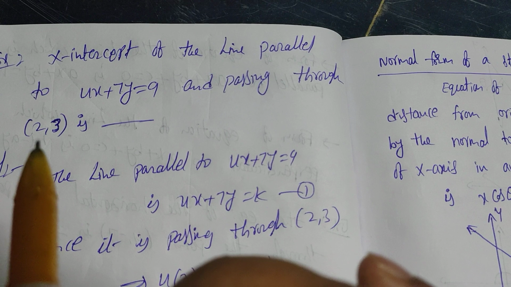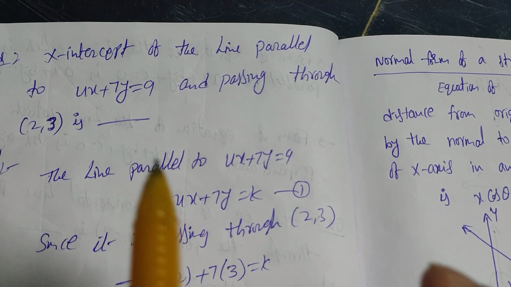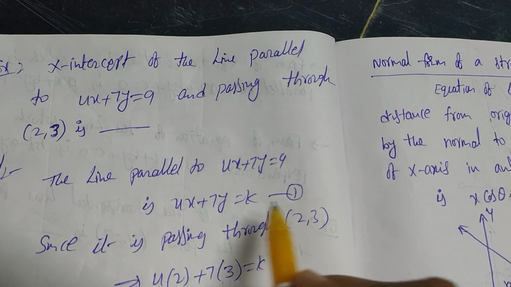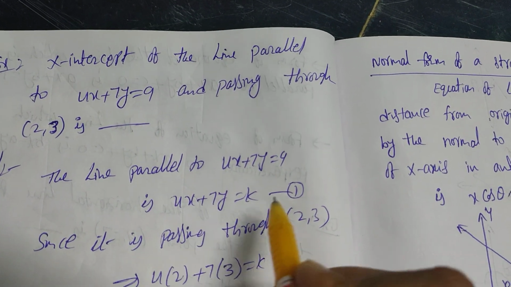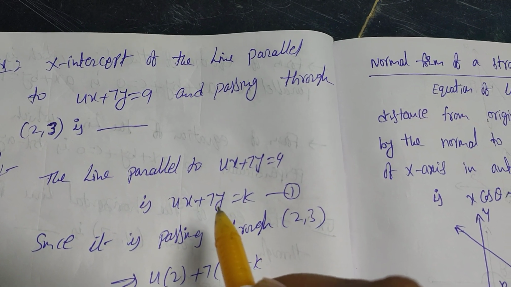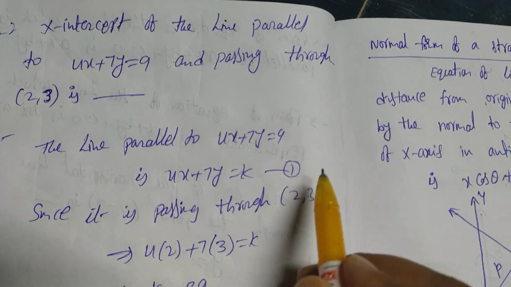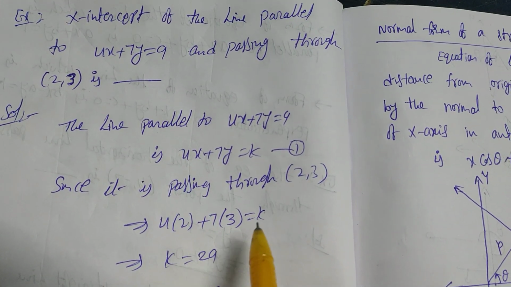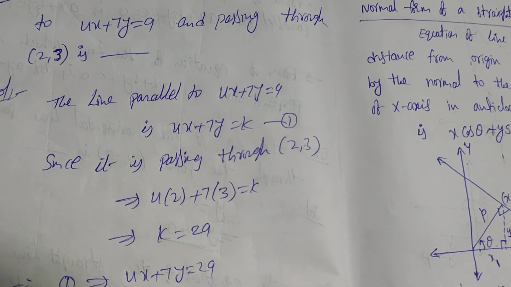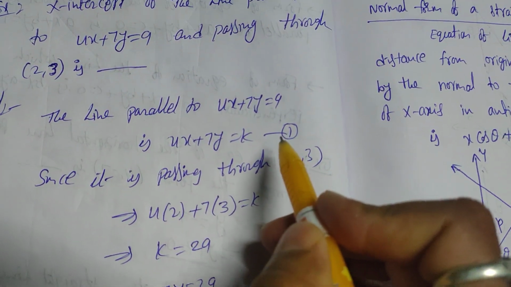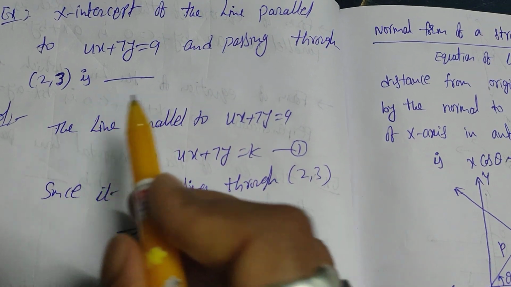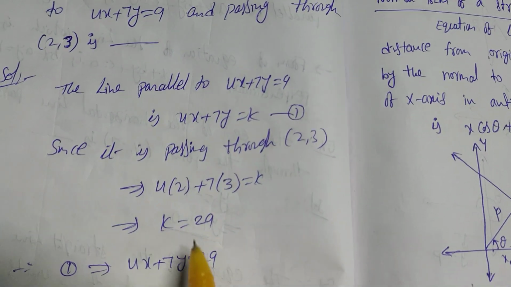And it is passing through 2 comma 3. If you want to find that k, substitute 2 comma 3 in this first equation. Since it is passing through 2 comma 3, 4 into 2 plus 7 into 3 is equal to k. So k is equal to 4 twos are 8 plus 7 threes are 21. So k is equal to 29. That means the line which is parallel to the given line and passing through 2 comma 3 is 4x plus 7y is equal to 29.